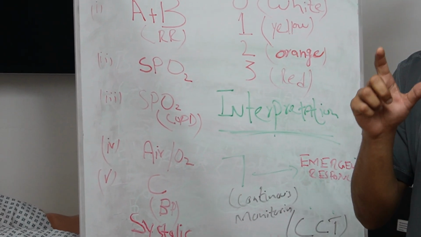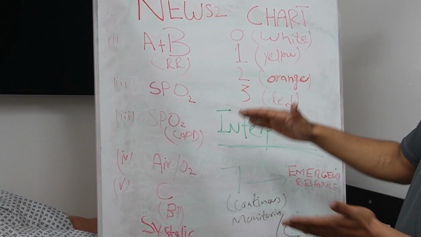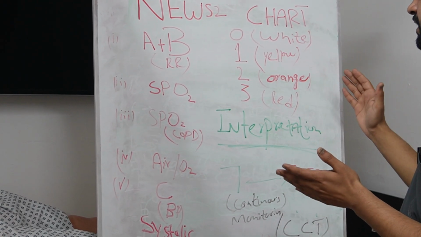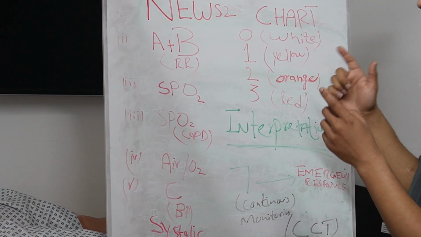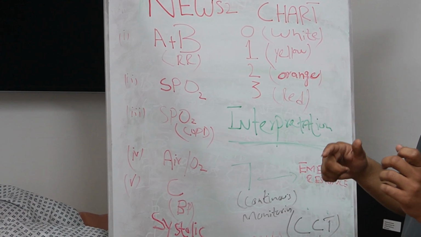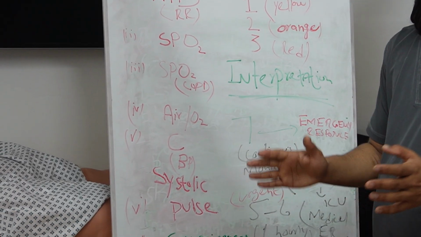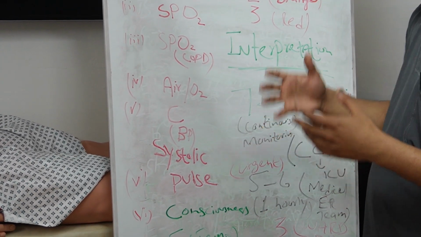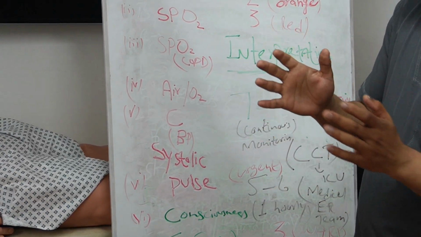Doctors, remember one thing, this is so important: there are 2 boxes for oxygen saturation. One is for all diseases, and one is specially for COPD. So you need to fill one, either the COPD box or the general box. Don't fill both of them. The next is air or oxygen: if the patient is on room air, or has any oxygen attached, we score on the basis of that.